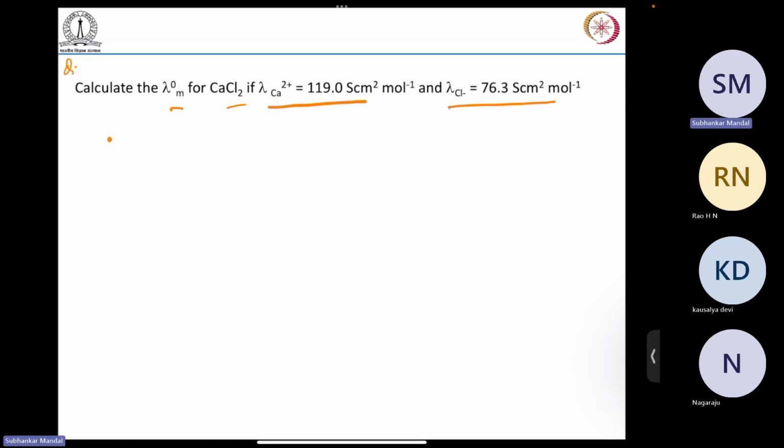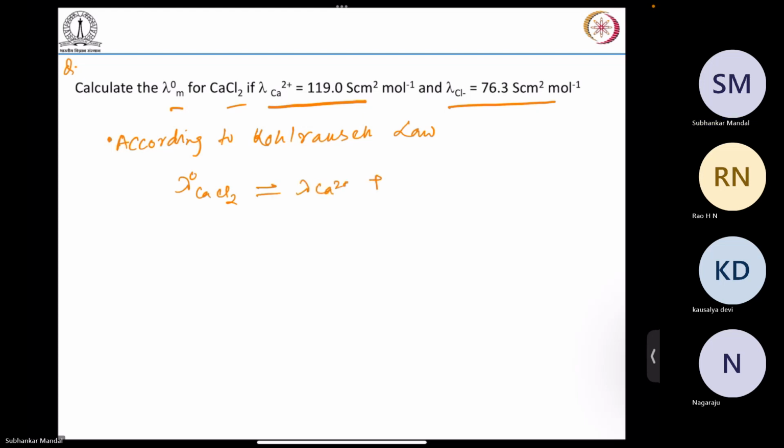So according to Kohlrausch's law, what do we know? According to Kohlrausch's law, lambda of calcium chloride will be lambda of calcium 2 plus, plus 2 lambda of Cl minus.